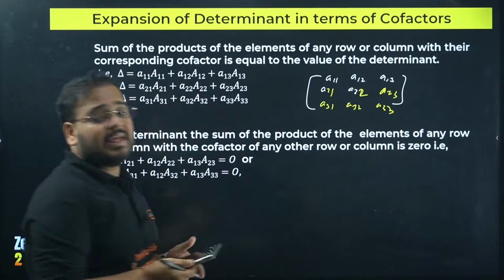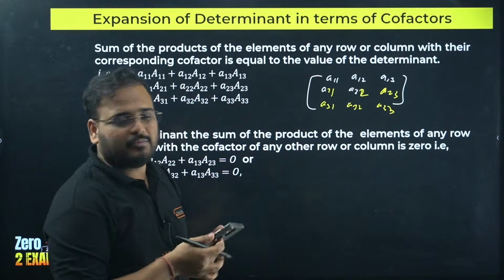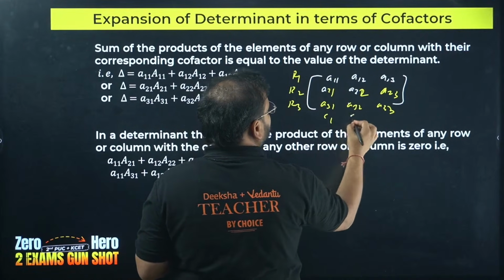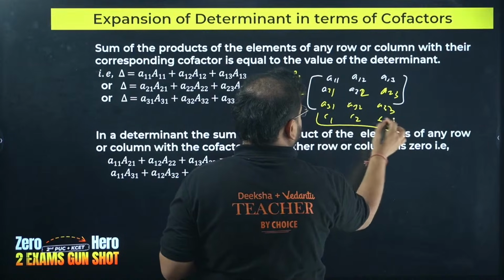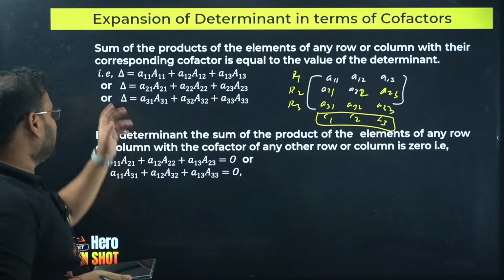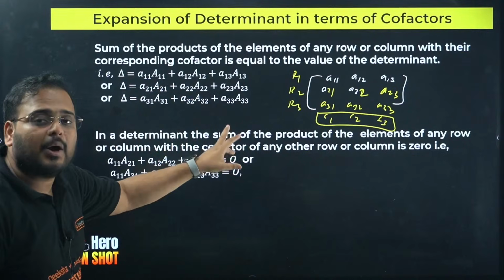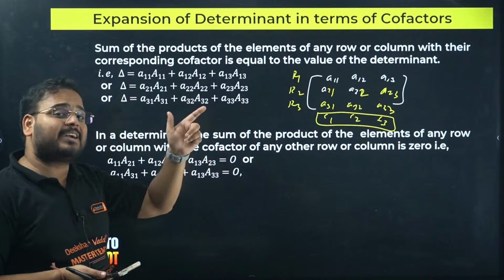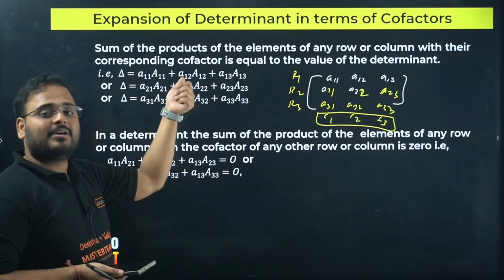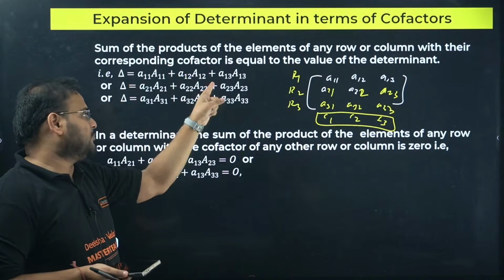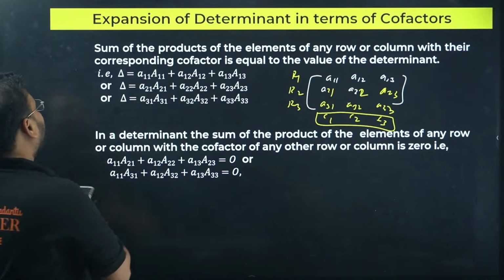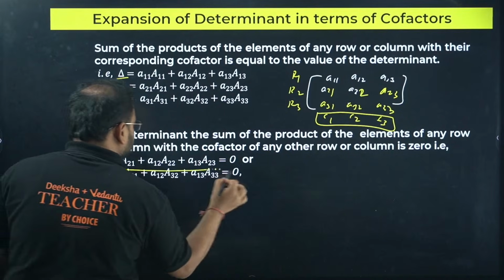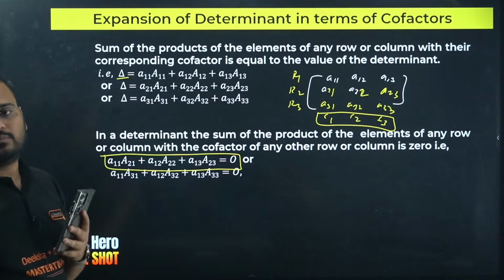If you take any row or column, row 1, row 2 and row 3, column 1, column 2 and column 3, take any row, any column and multiply the respective elements with their cofactors. Small a11, capital A11, small a12, capital A12, small a13, capital A13 will give the value of the determinant. If you take any other way, it will become 0. Makes sense?